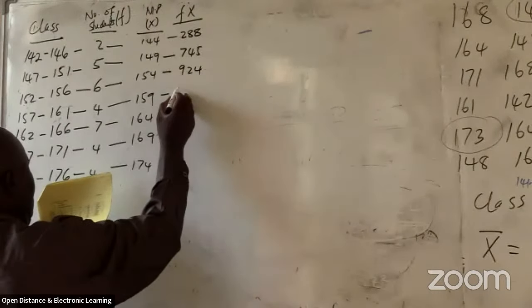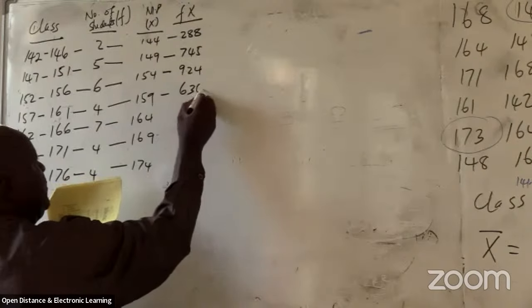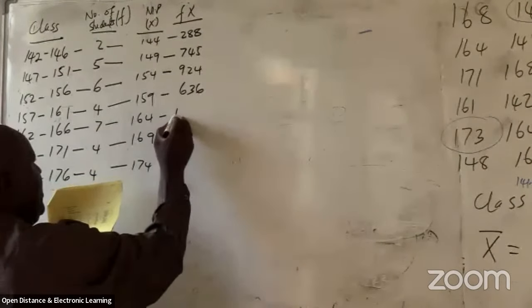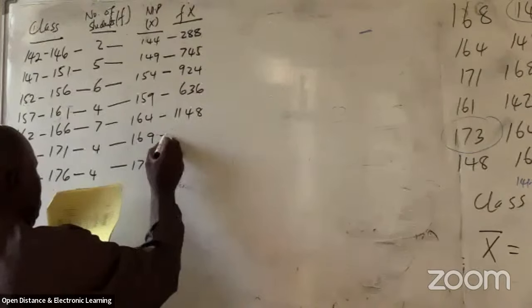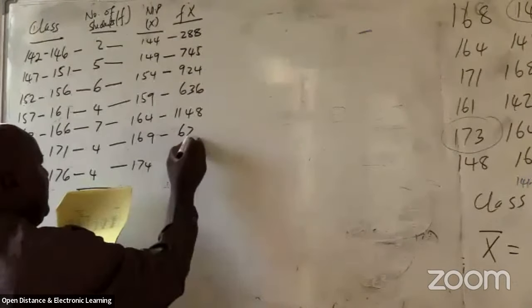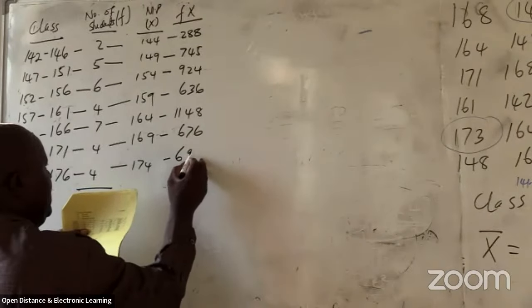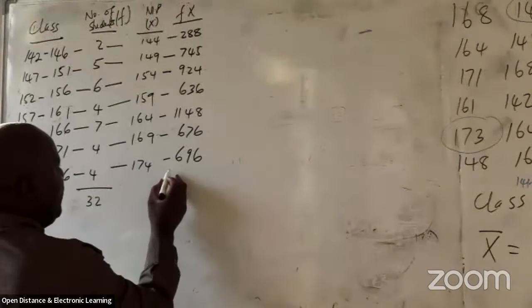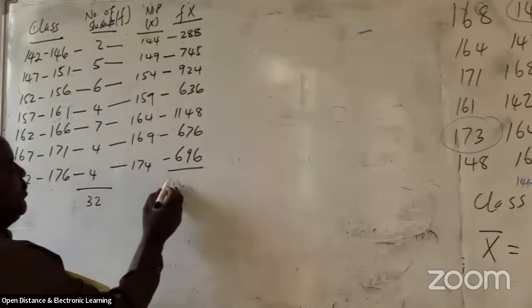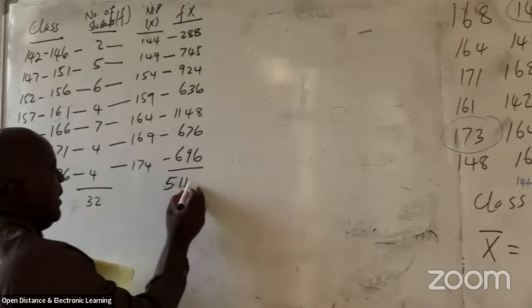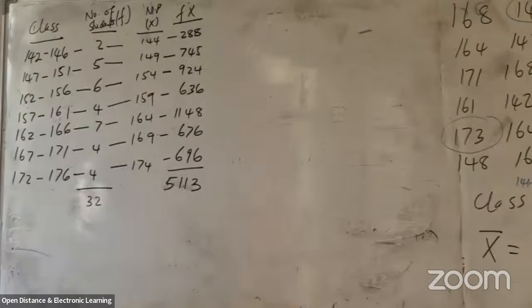924, 636, 1148, 676, and finally 696. So if you get this total, it should give you 5113.